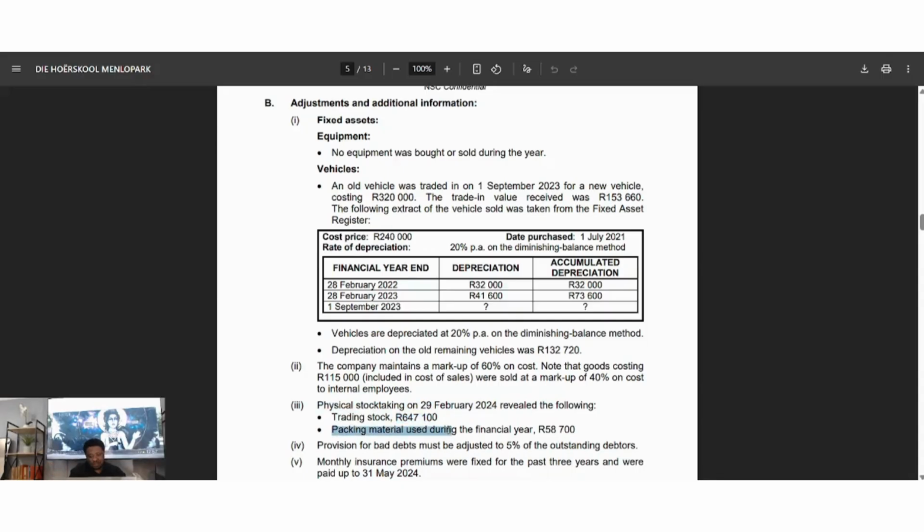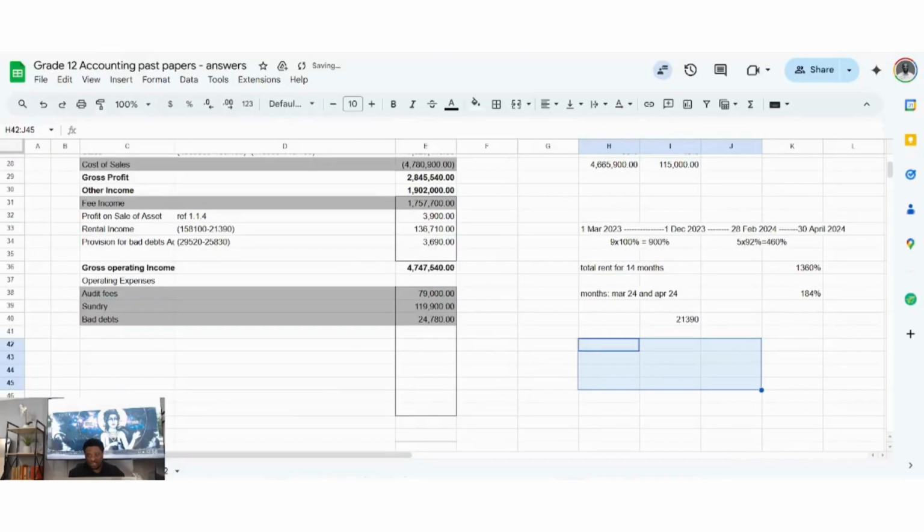And then there's also packing material used during the financial year, which amounts to 58,700. But then the key thing here, they said used. So basically, the material used is the one that is an expense, and the one that is on hand is the one that becomes an inventory when we do the statement of financial position. So expense here is just straight up going to be 58,700 because that's how much has been used.